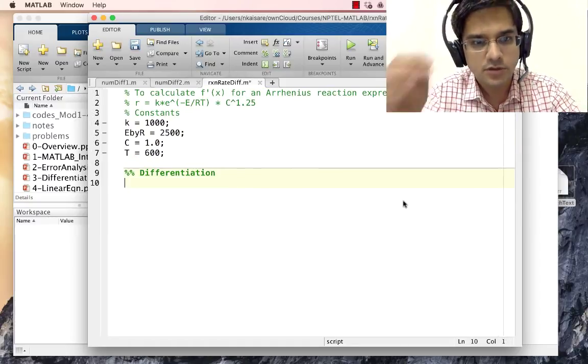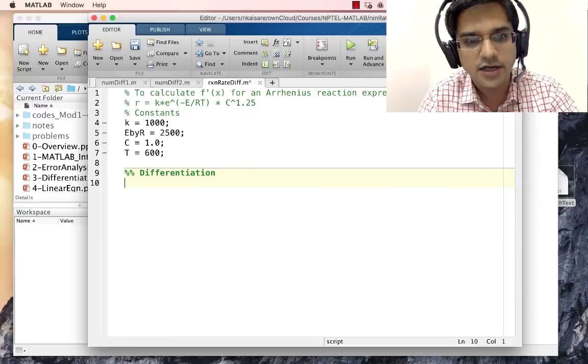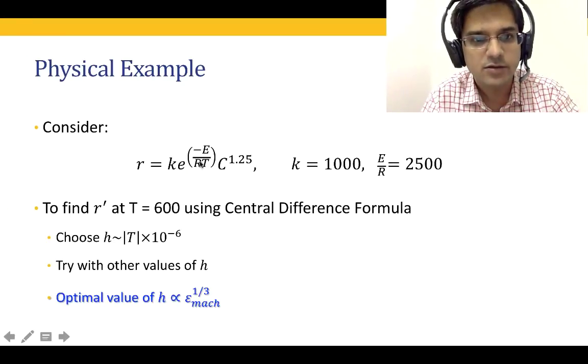Now the analytical derivative for this. Temperature is the thing that is varying. Because it's e to the power minus e by RT, the derivative is going to be e by RT squared multiplied by the rate R itself.